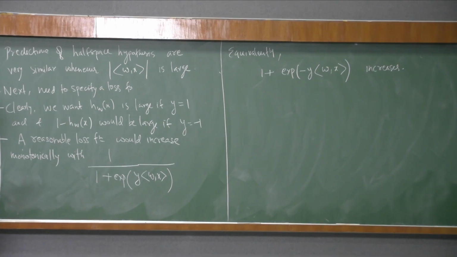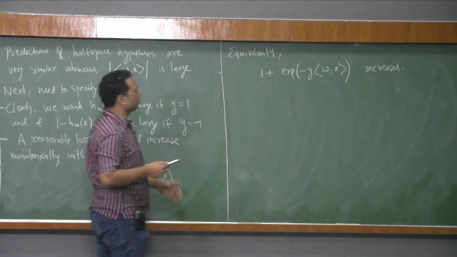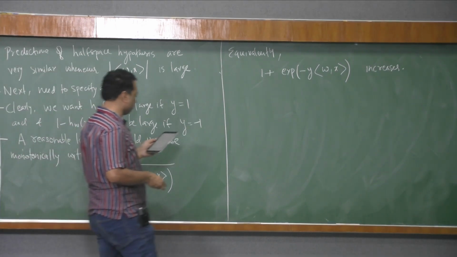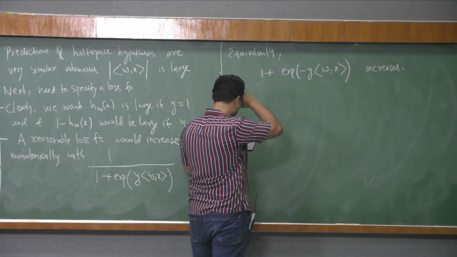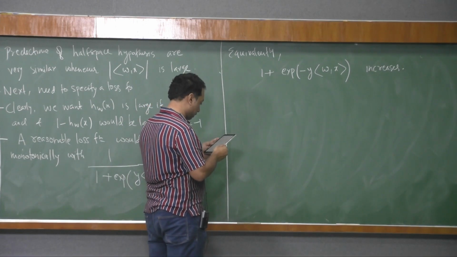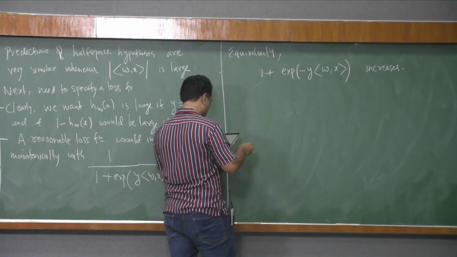With this, what I can additionally do is apply a log, because log is a monotonic function. So the composition of a log with an increasing function will keep the increasing behavior intact. So log will be applied as a next step. In the logistic loss function, that's what they will do. They will use the log on this.